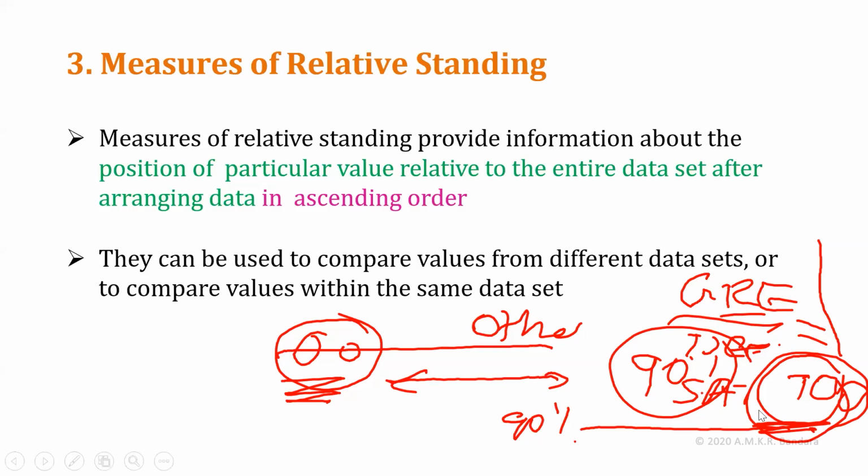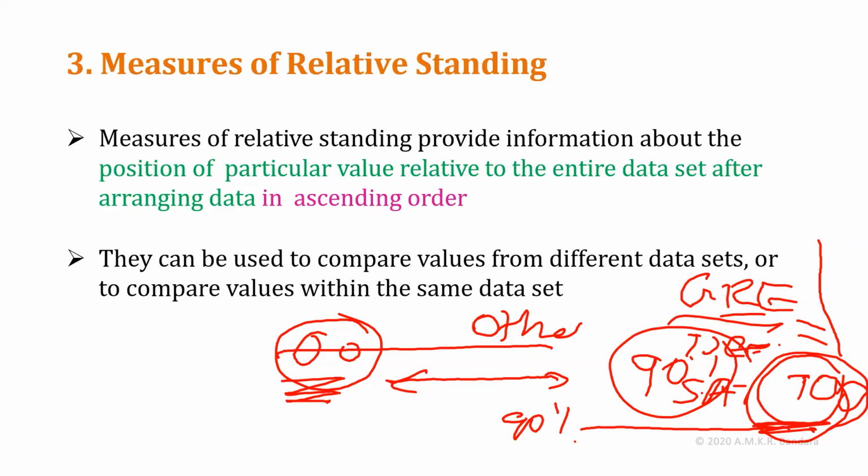So the 90th percentile or 99th percentile is the relative position of this data point relative to the other data points in the data set. This relative standing is sometimes important in decision making. Therefore, it is better to report it when you summarize your data set also.